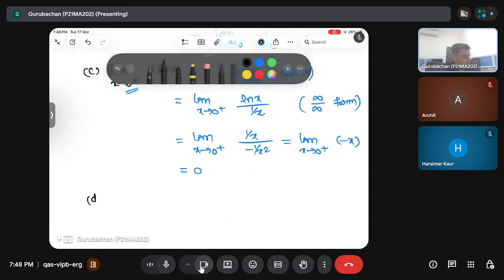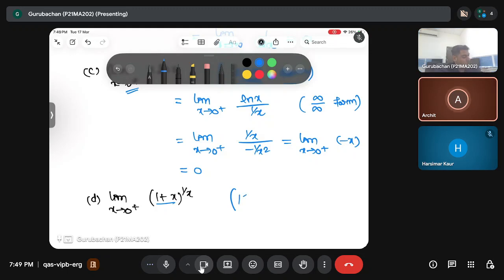Now let us discuss one more indeterminate form, where exactly you cannot apply L'Hopital rule directly. You will get to know why we are considering it here 0 positive. So which kind of form is this one? 0 power infinite? No, check it again. So 1 power infinite. 1 to the power infinity form.